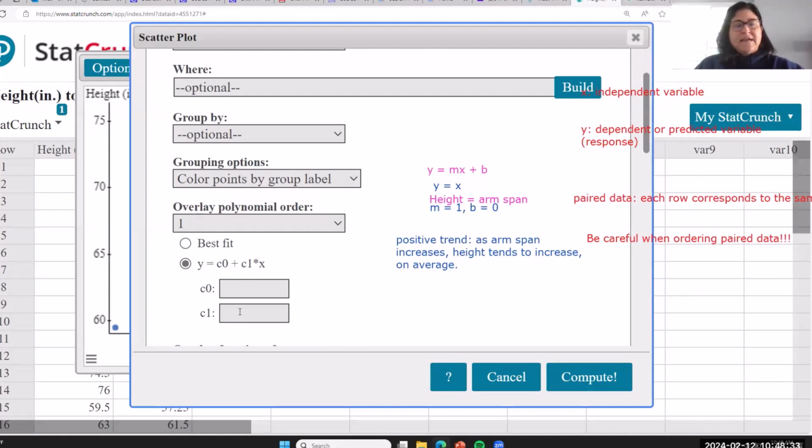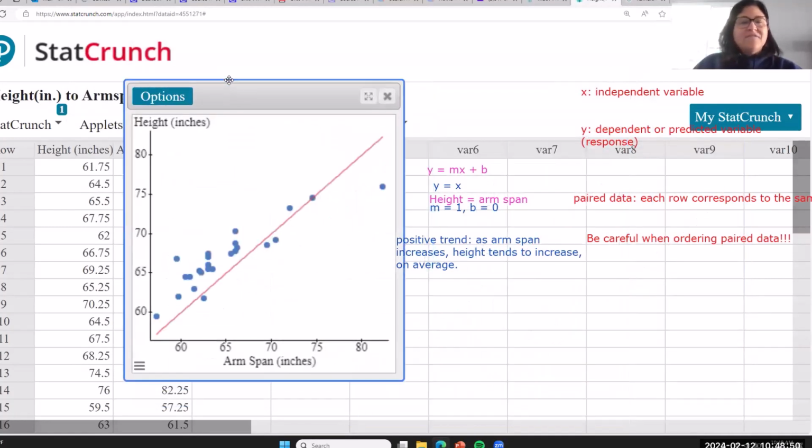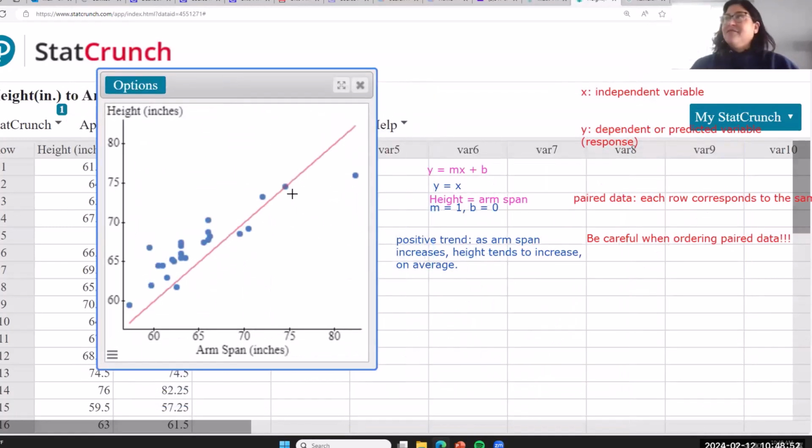It's the coefficient of the x. And so my C1 is 1 and my C0 is 0. And now I'm going to compute. And notice now I've got the scatter plot, and I've actually got the line y equals x drawn in here.